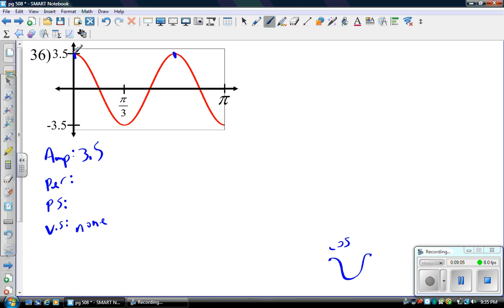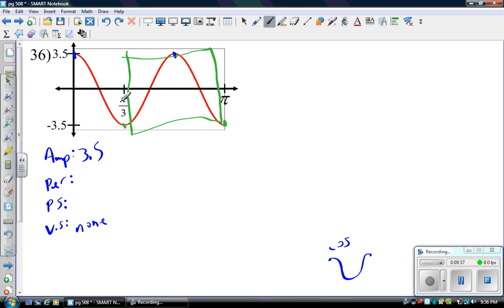So instead of looking at that window and going, well, wait, I'm not quite sure what that is, why not look at it instead within this window, basically from here to here, because the period is the same however you look at it.